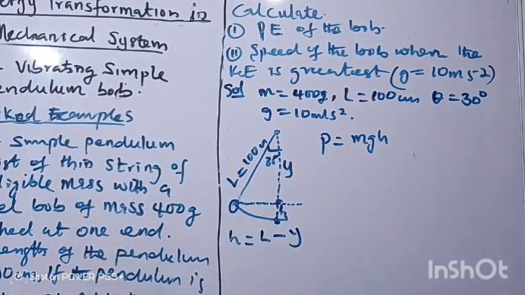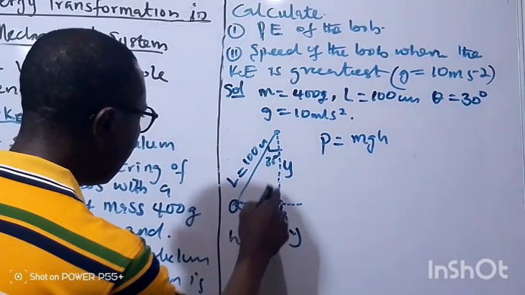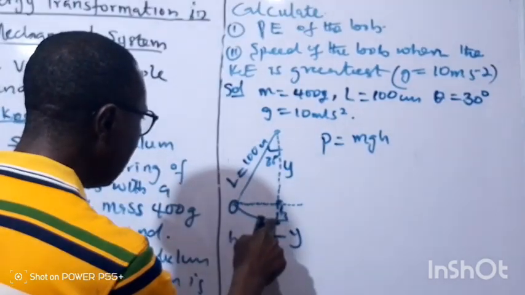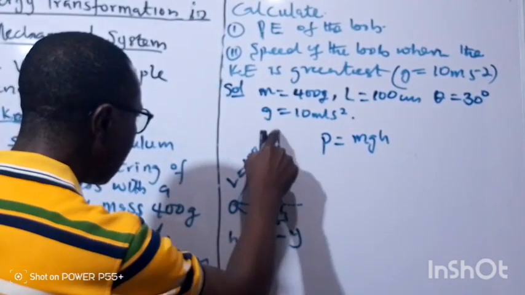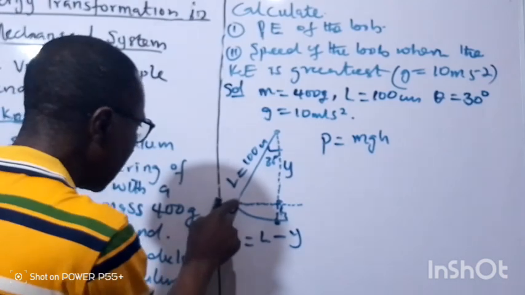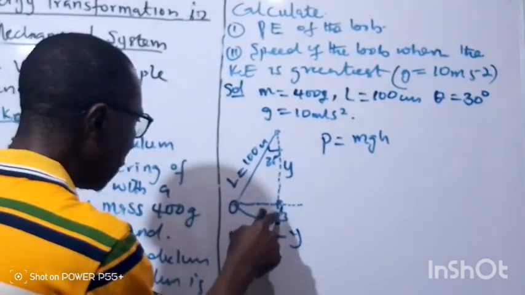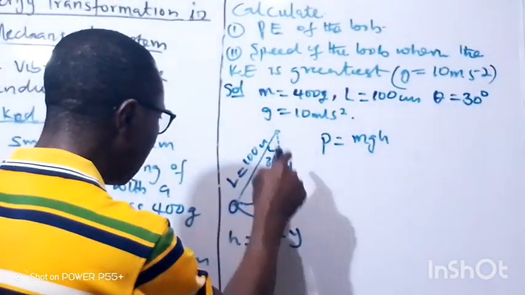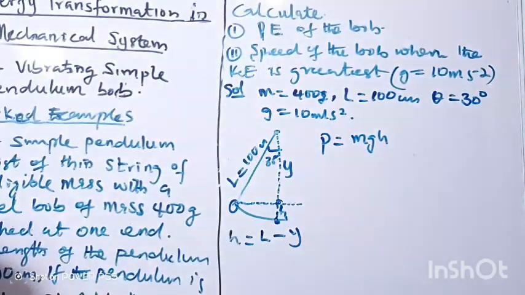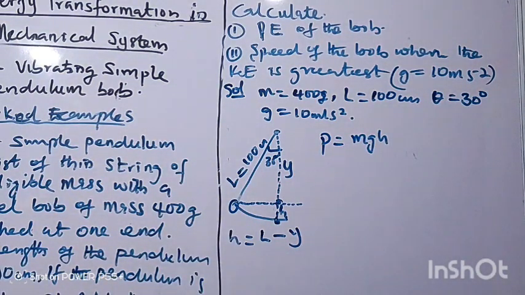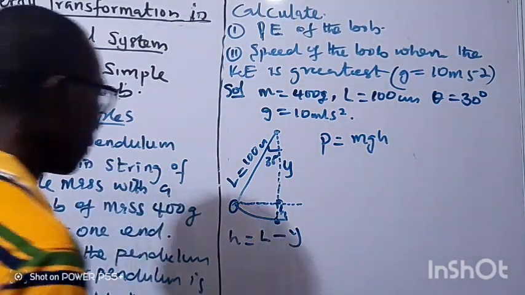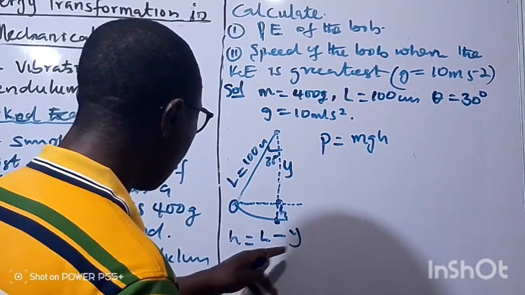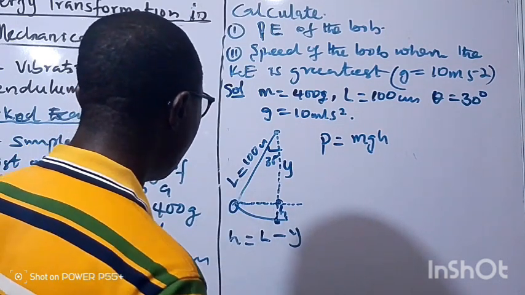If this pendulum is in equilibrium, then its length is 100 centimeters, but the height will be deducted by the value of y. Now the next thing is to calculate the value of y, so that we can subtract it from the given value of L.